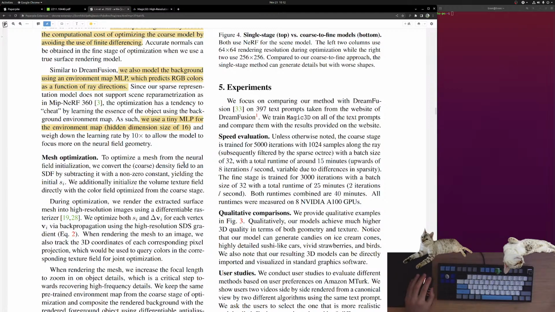We convert the coarse density field to an SDF, signed distance function, by subtracting it with a non-zero constant.